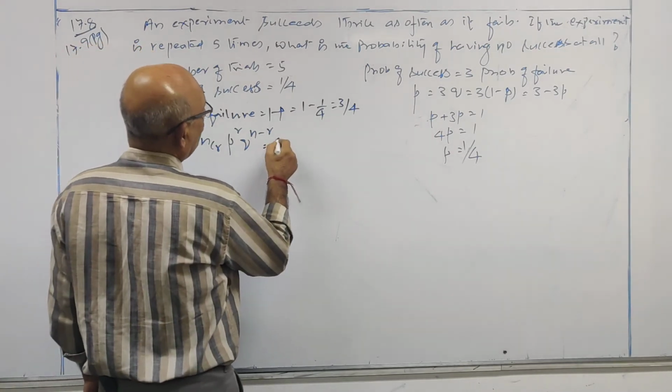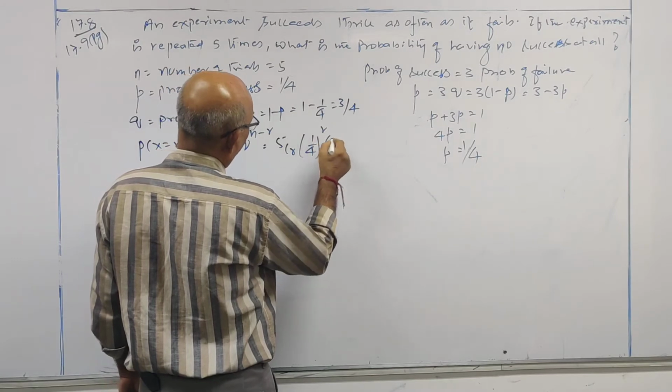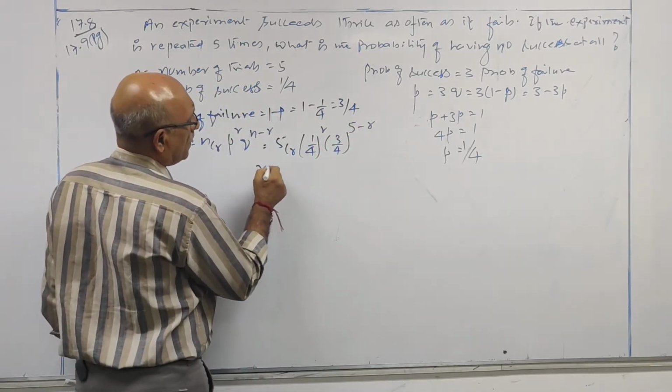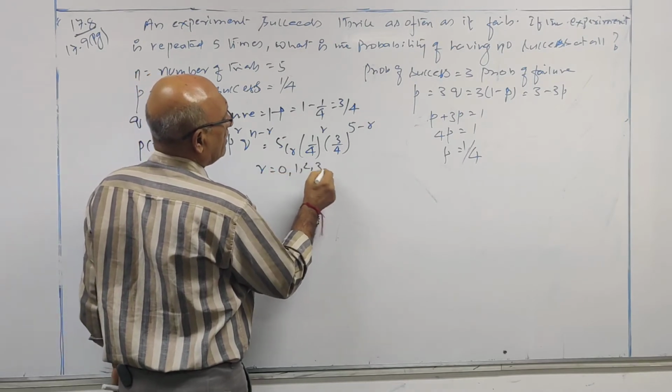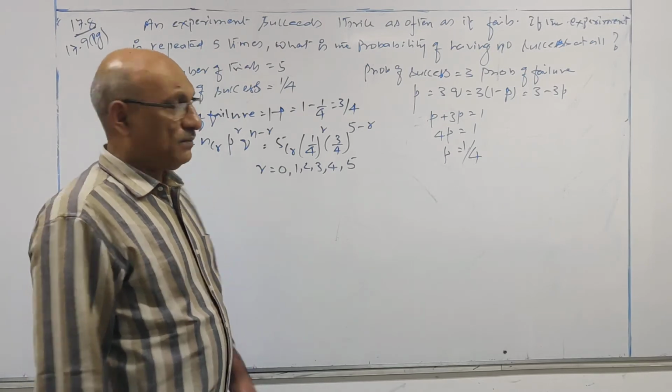So this is equal to 5Cr, 1 by 4 whole to the power of r, 3 by 4 whole to the power 5 minus r, where r is taking the values 0, 1, 2, 3, 4, 5.